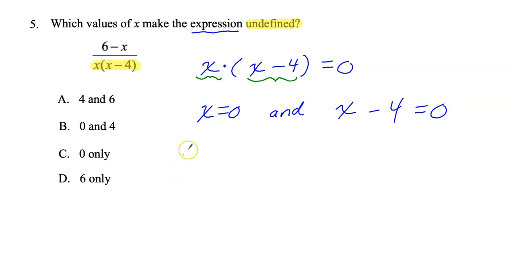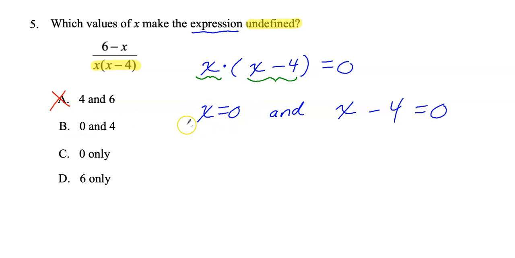Well, now I'm getting somewhere. What this is telling us is that if x equals 0, the expression is undefined. And these are my values for x, so I know my answer choice has to contain a 0. A says x equals 4 and x equals 6. No 0 here, so A is gone. B is okay. It says x equals 0 and x equals 4, so it has a 0.